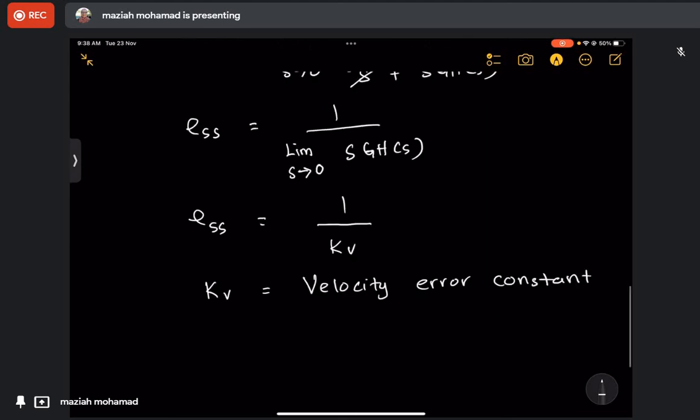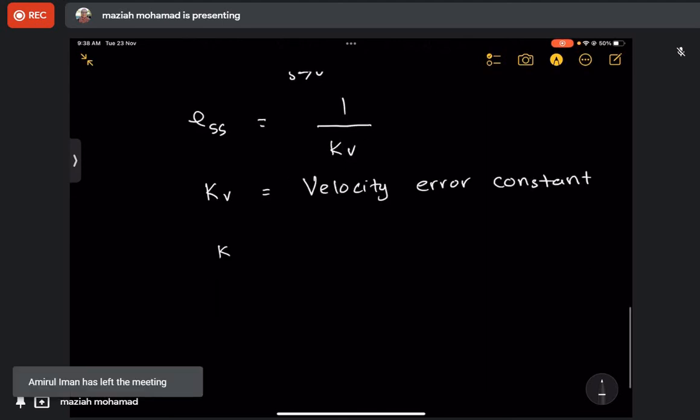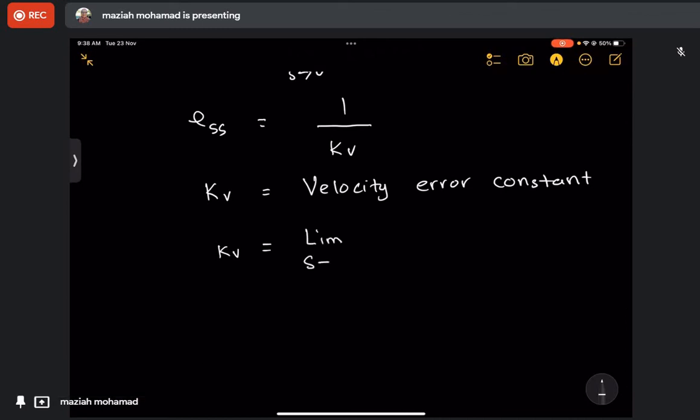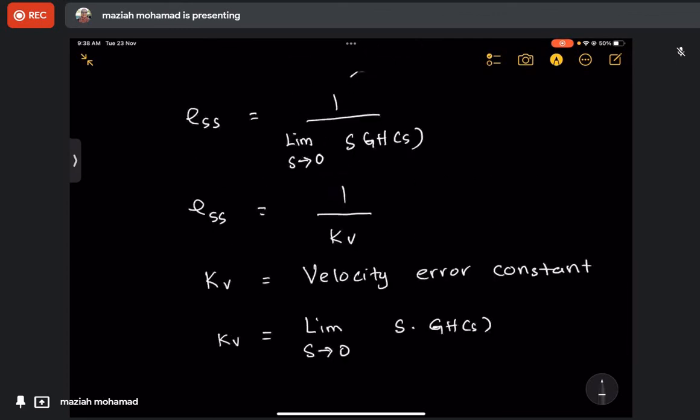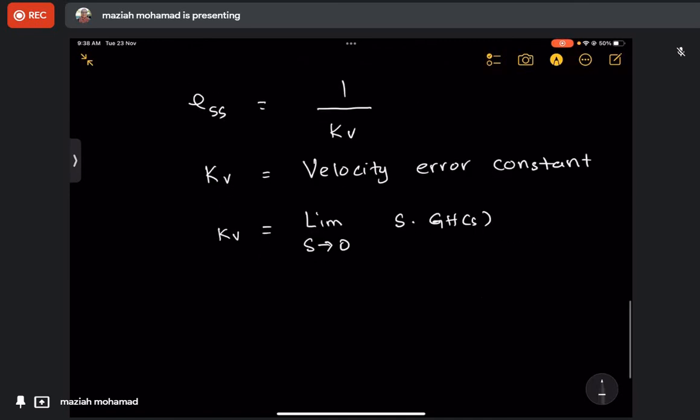We can calculate the velocity error constant by applying the limit as s goes to 0 of s multiplied with the open loop transfer function. So when we apply a ramp input into any control system, we can predict the steady state error to become 1 over Kv.